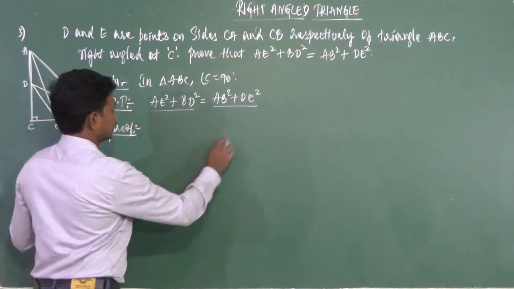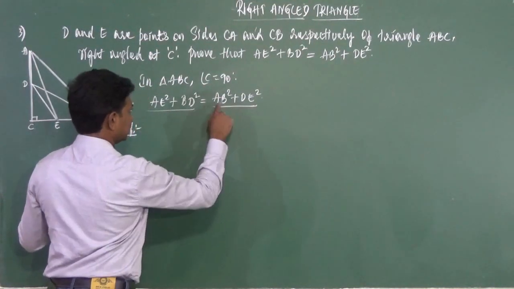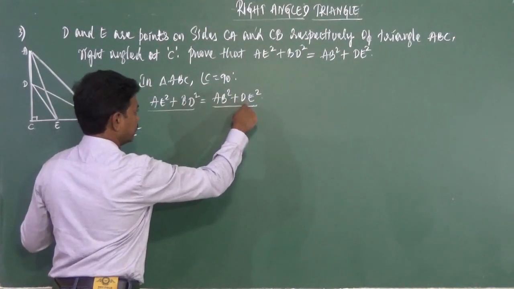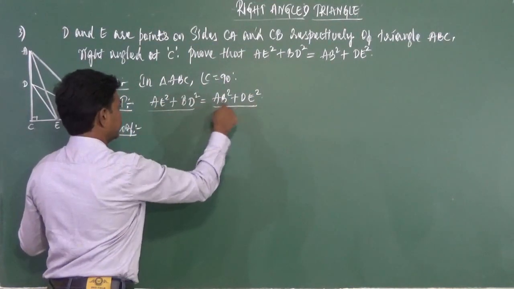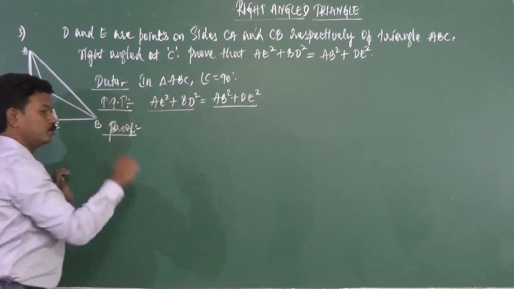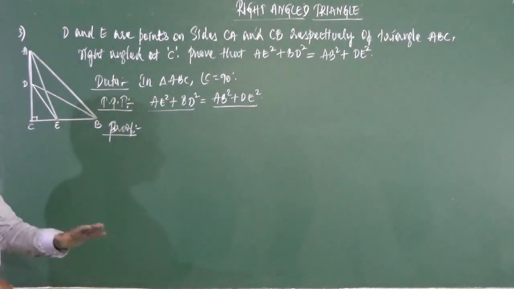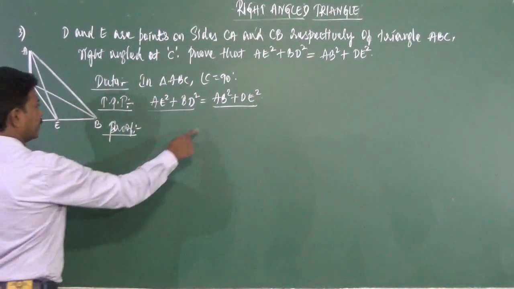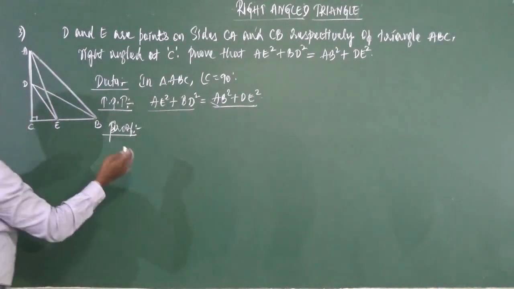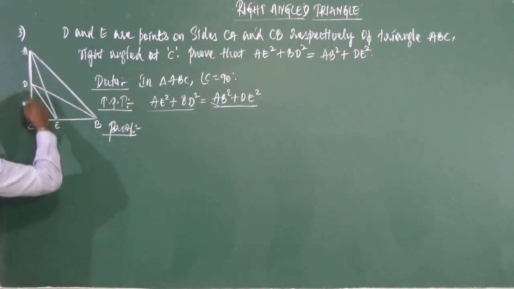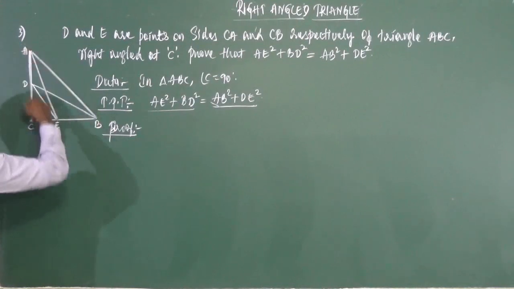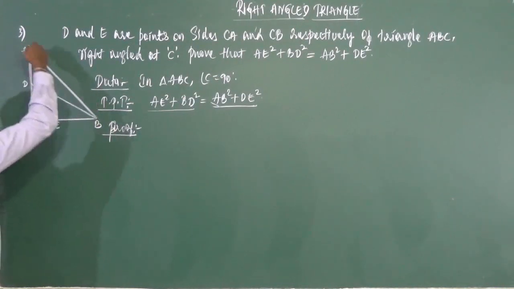So in this problem, let us find out AB square, let us find out DE square, and we will make this sum equal to this by using Pythagoras theorem. That's very simple logic. So now we have AB square here. In which triangle are you going to get AB square? In triangle ABC, if you apply Pythagoras theorem, you are going to get AB square.